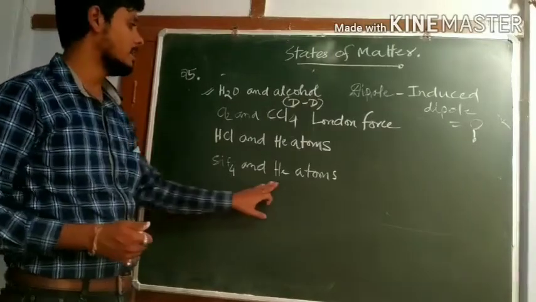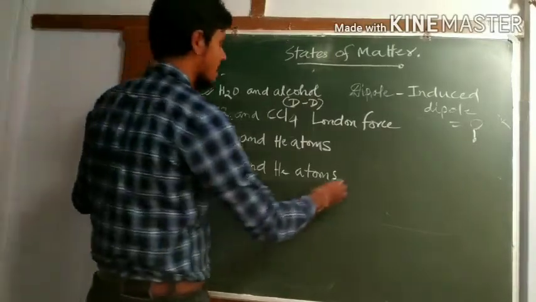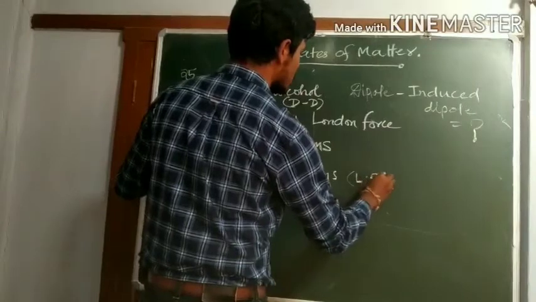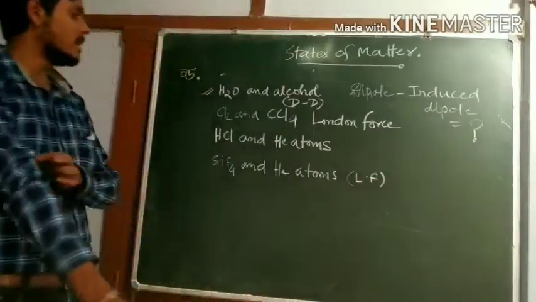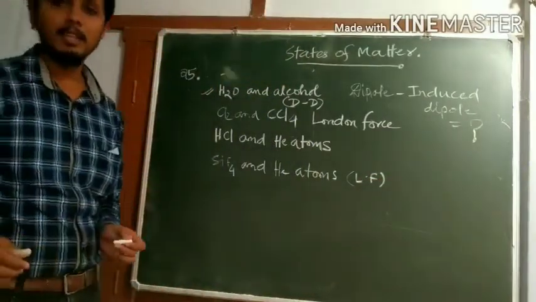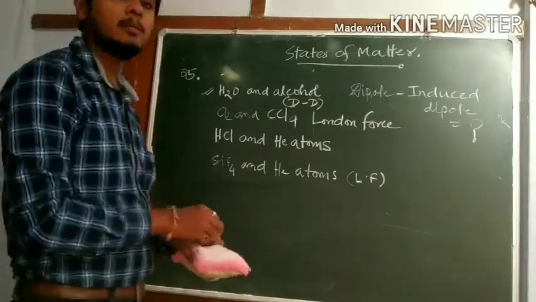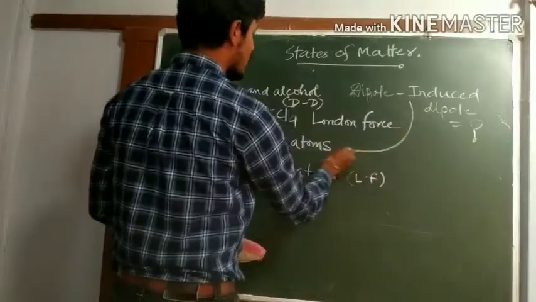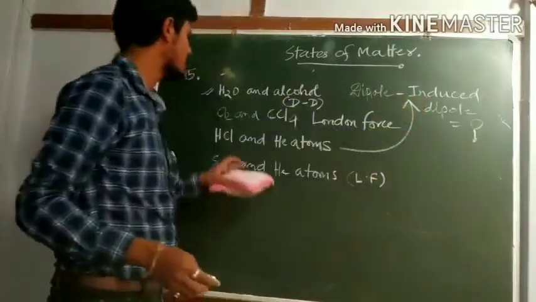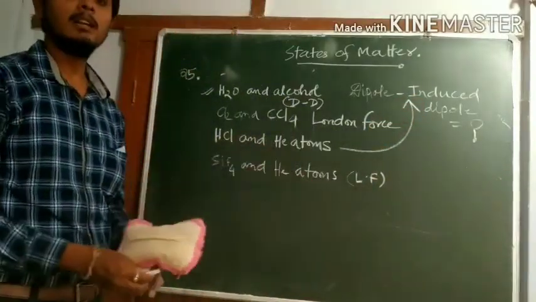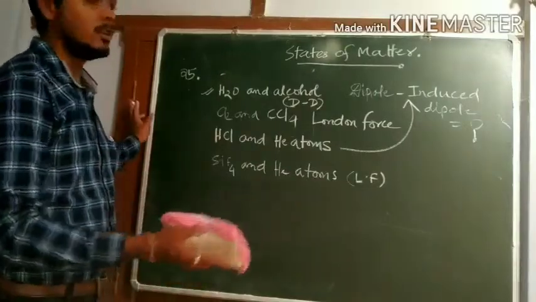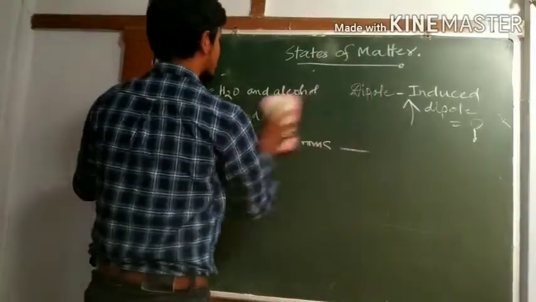That means in between these two we will again have London forces. Now if I consider HCl and helium atoms, between them we will get dipole-induced dipole interactions. So what is dipole-induced dipole interaction?